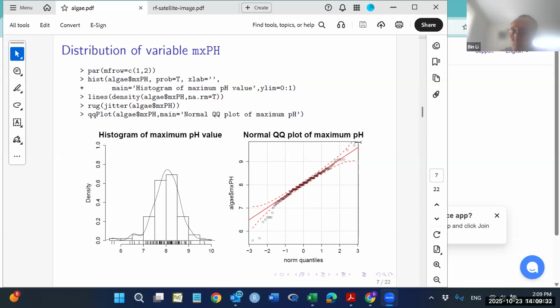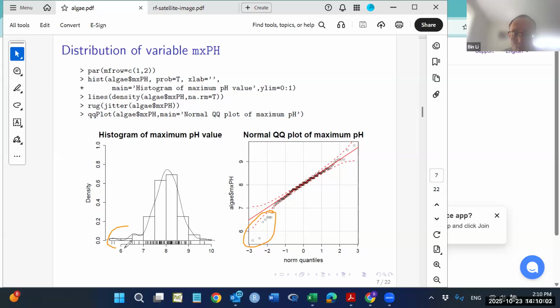And this is the QQ plot to see if it is normally distributed or not, with the confidence band. If a point is outside the band, that may be an indicator that we have some outliers. Here you can see a little bit outside the band on the left side.